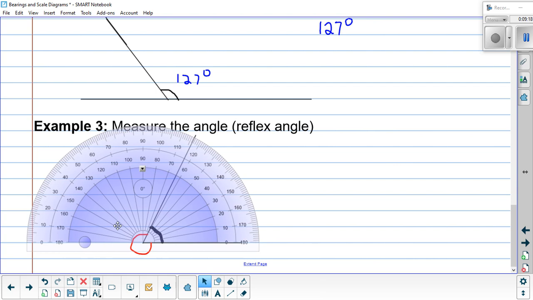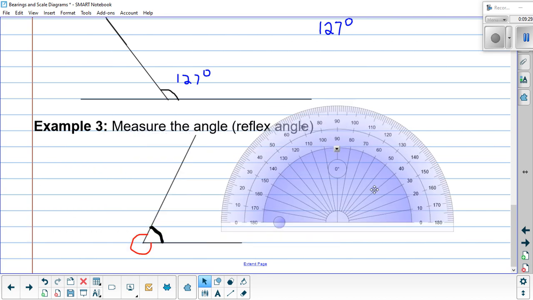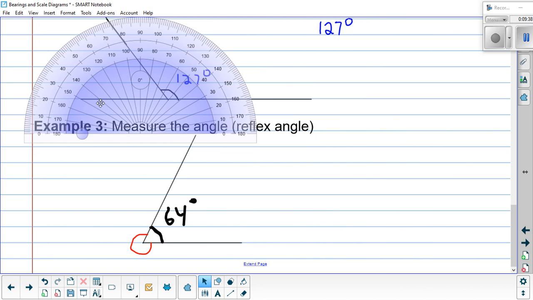And I see, well, I'm in between. If I'm starting at 0, I'm counting up the inside scale. I'm about at 64 degrees, I would say. So I can say that this inside angle here is 64 degrees. Keep in mind that's not what we want, but we know a full circle is equal to 360 degrees.